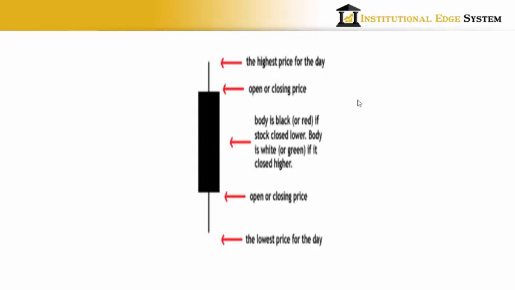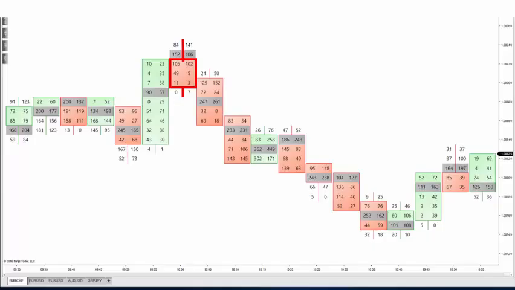Now, a lot of retail traders, as we talked about a second ago, they'll look at a candle, and sure, the candle tells us a lot of information, right? It tells us what the highest price was. It tells us where things opened, where it closed. If it's green, things went up. If it's red, things went down, but not a lot more than that. What we need is to see inside the candle.